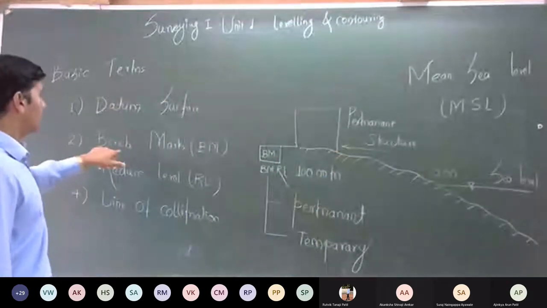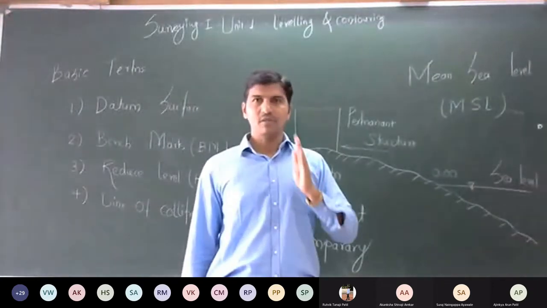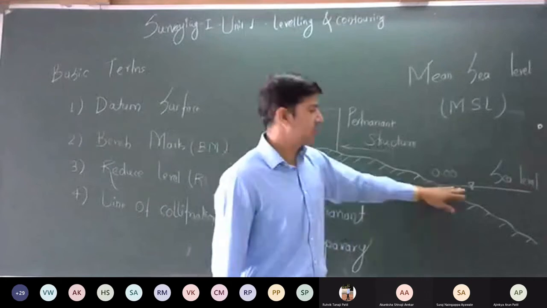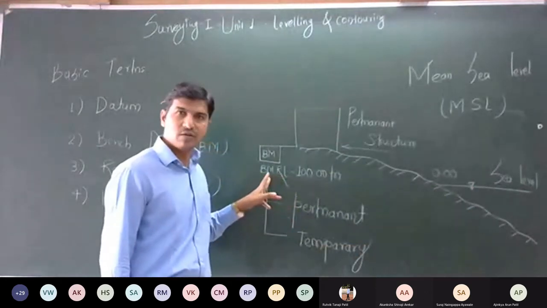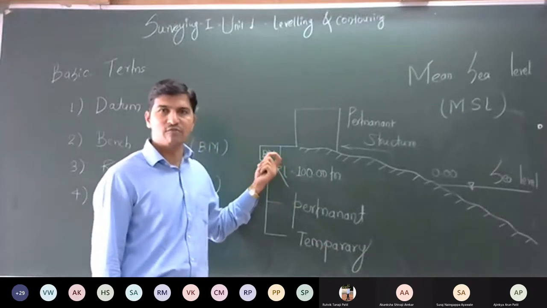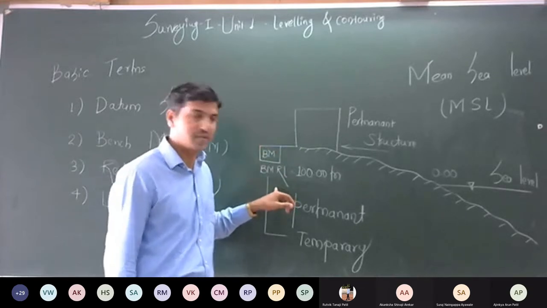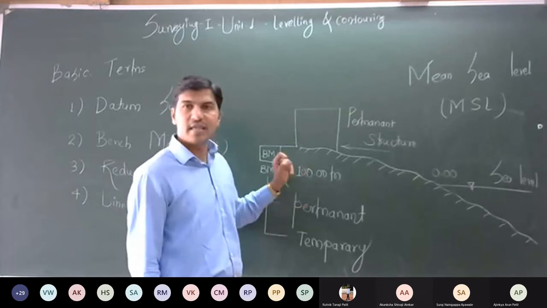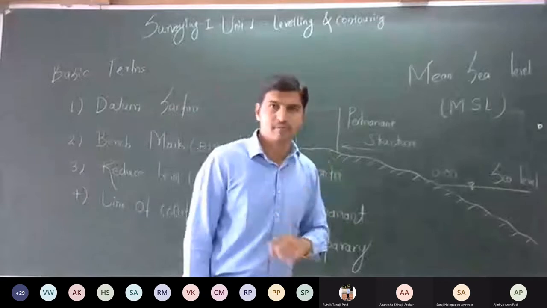Second is the benchmark. Benchmarks are points of known reduced level with reference to this mean sea level, established by leveling on government offices, mostly where we require infrastructure projects. There we have marked the point as a permanent benchmark.